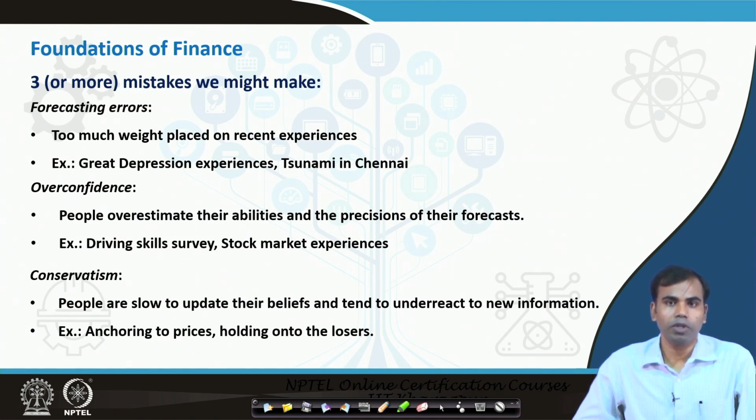Now, this is a very common mistake that we see in the stock market in particular and in financial decision making in general, where we wait for prices to reach a level at which we are stuck. This particular tendency is known as anchoring, and this results in holding on to losers and selling the winners.